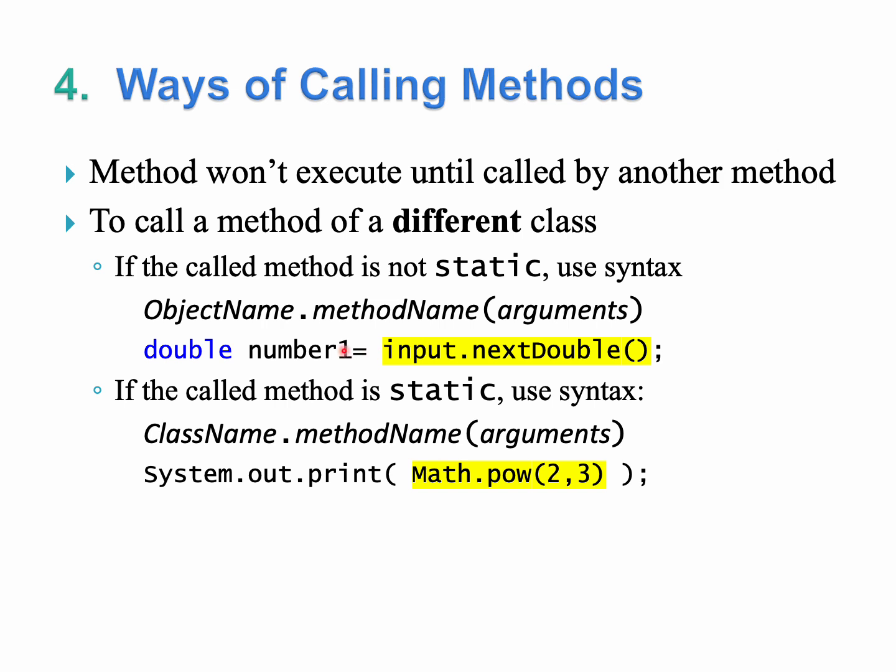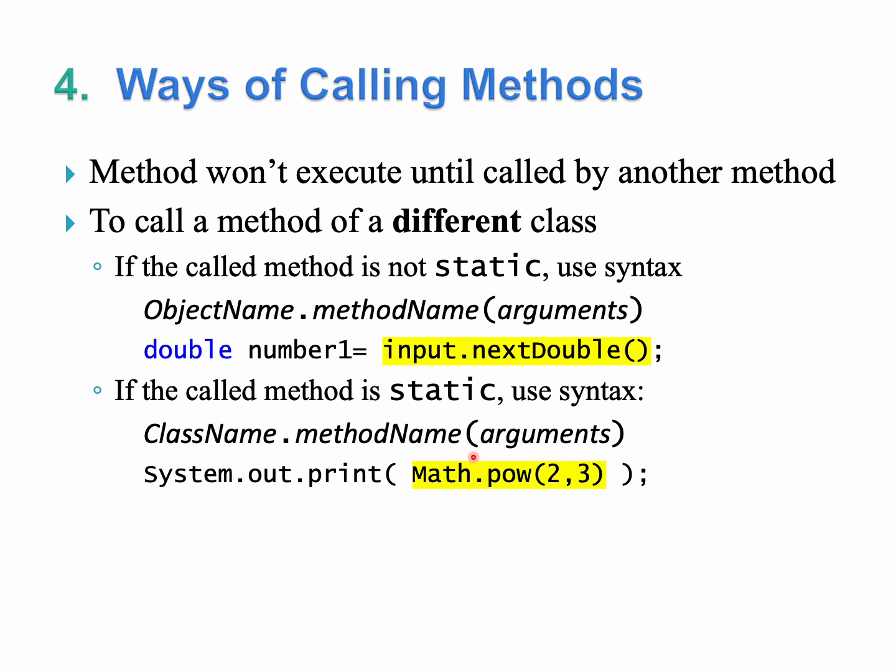For example, to call the method nextDouble of the Scanner class, you have to create a Scanner object, for example input, and then use the input.nextDouble expression.